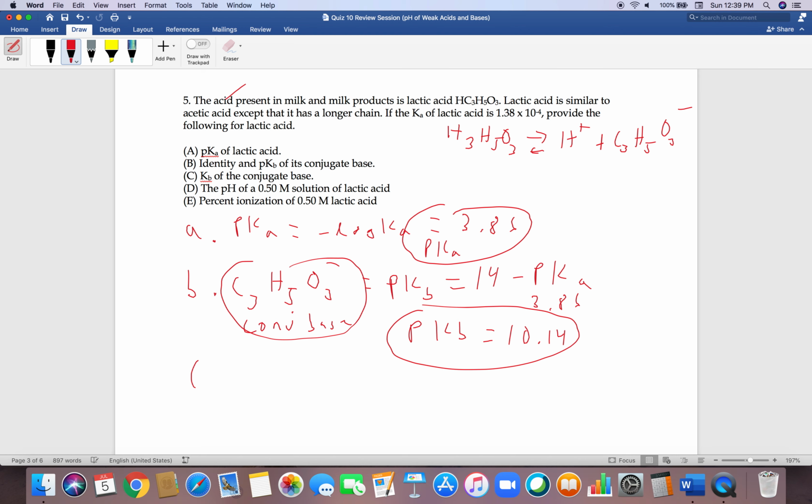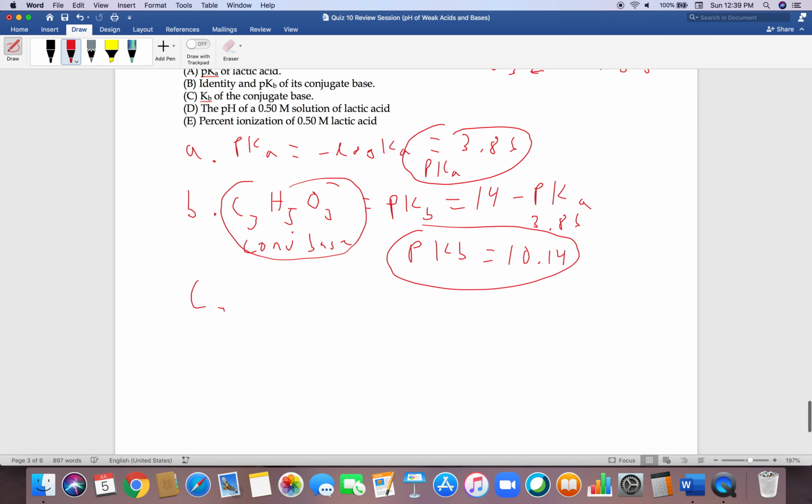Okay, in C, we're asked to find the Kb of the conjugate base. Now, you could do this in two ways. You could say that the pKb equals the negative log of the Kb, which we just found, or you could say that the Ka, which we have, times the Kb equals Kw. So I'm going to use the first one. We have the pKb, which is 10.14, and we want to look for the Kb.